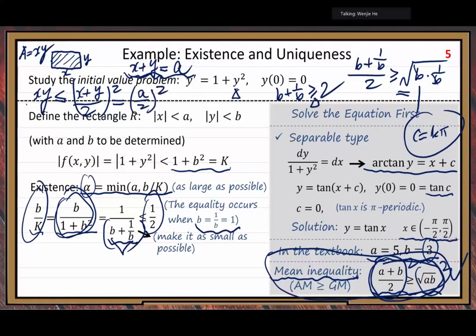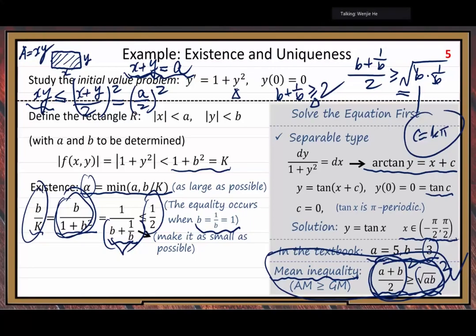So the area can never be greater than this. The area is always bounded by this square.